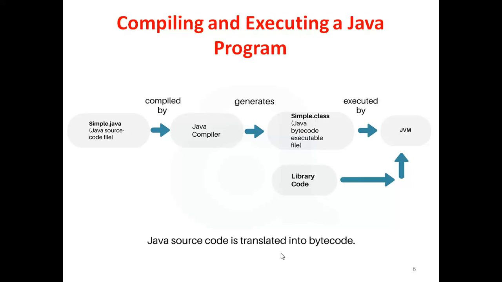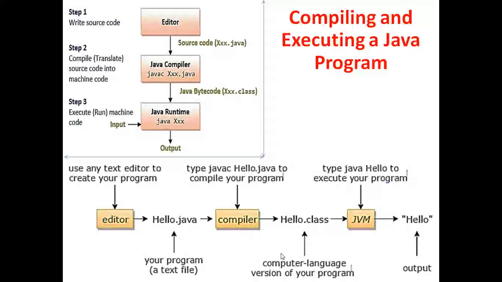For running the Java program, we write java simple, and after that we get our desired output of that simple Java program. We'll see this in more detail, that is compilation and execution of a Java program.